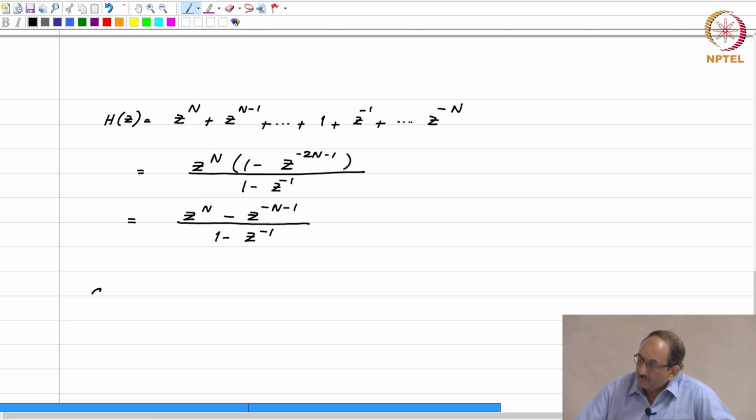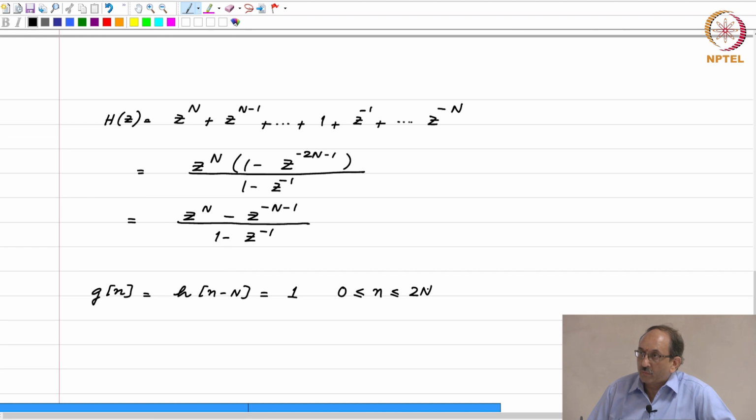And if you had g of n, which is h of n minus cap n, this of course is 1 now for 0 less than or equal to little n less than or equal to 2 times n. All we have done is we have shifted this non-causal sequence by cap n samples, so that it now begins at little n equal to 0.